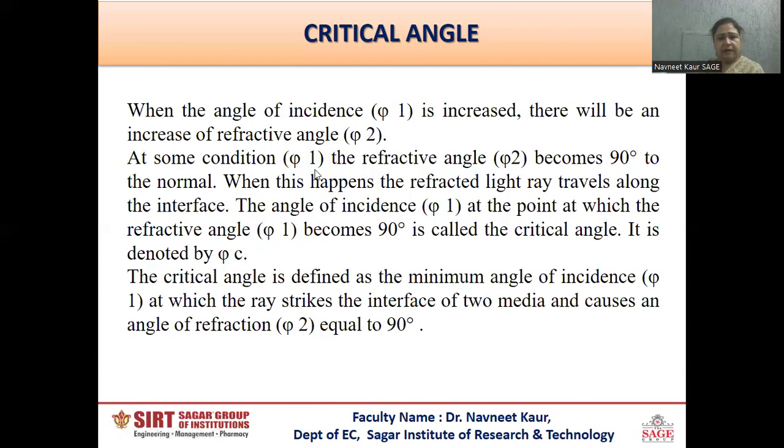Now, we have already discussed that when the angle of incidence is increased beyond this critical angle, then the angle of refraction will be increased beyond 90 degrees, and the light ray will be propagated into the same medium.